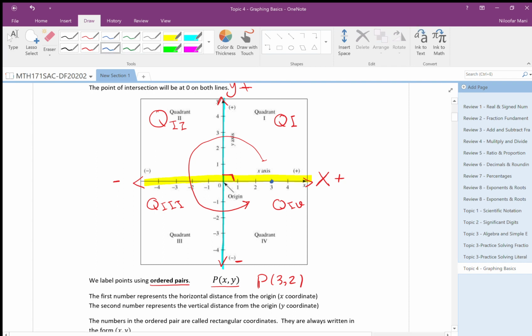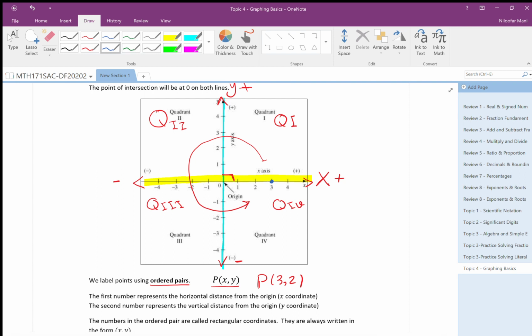It depends on the scale. Here I have 1 by 1. Maybe somewhere I have a space, so I want 2 squares, for example, 2 parts equal 1. So I say this is 1, this is 2, for example. But if I do that, I have to continue the same way for the whole axis.